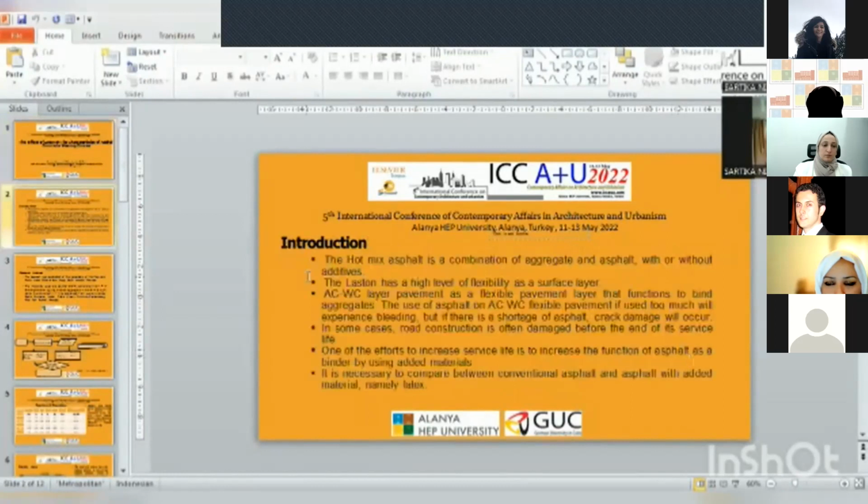Introduction. The hot mix asphalt is a combination of aggregates and asphalt with or without additive. The limestone has a high level of flexibility as a surface layer. The asphalt concrete wearing course is a flexible pavement layer that functions to bind aggregates.